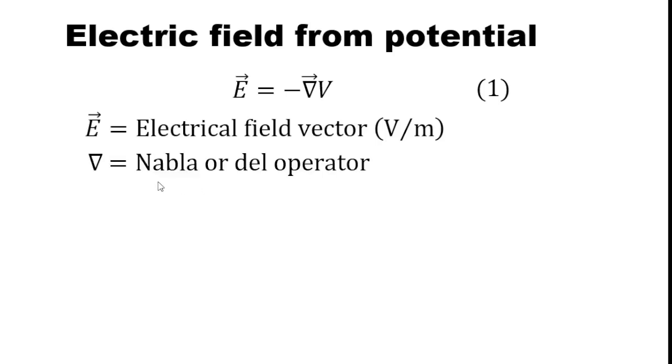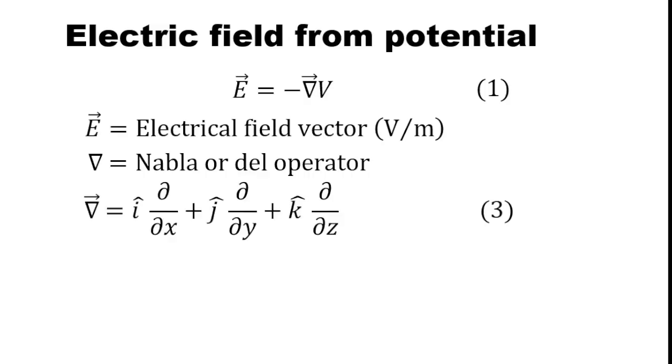The symbol looking like an inverted triangle is called nabla, or we call it the del operator. In Cartesian coordinates, nabla is defined as shown in equation 2.